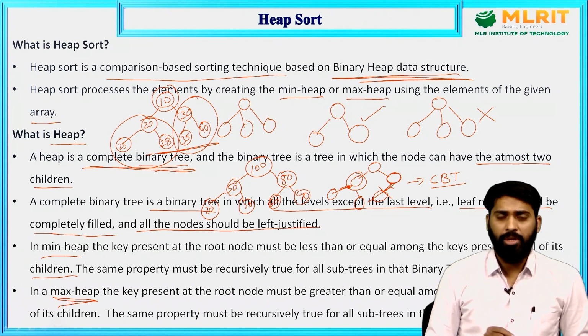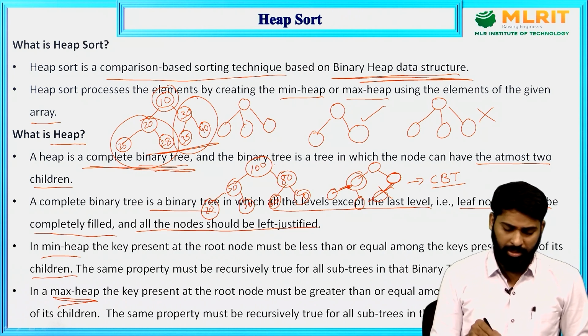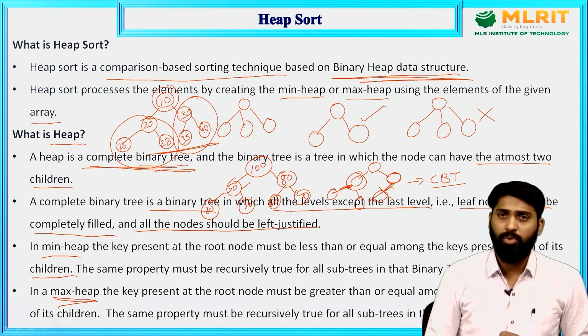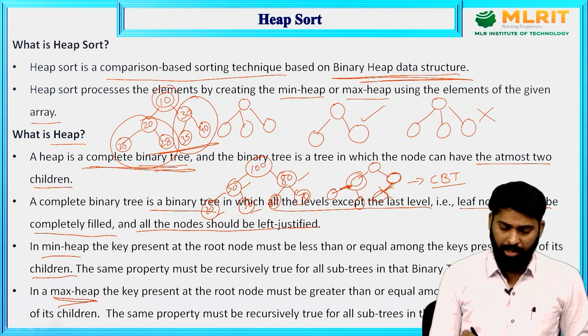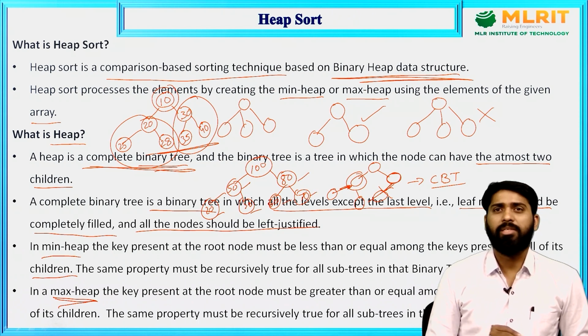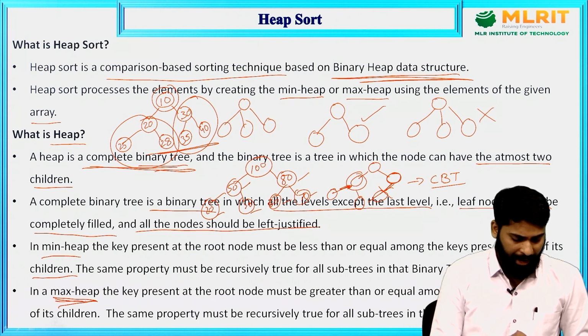What is the root? 100 is the root, and it is the greatest element compared to its children. Coming to the subtrees, here 50 is the root and the children are 20, 30. Here 80 is the root, and 60 and 70 are the children. So this heap we call a max heap.